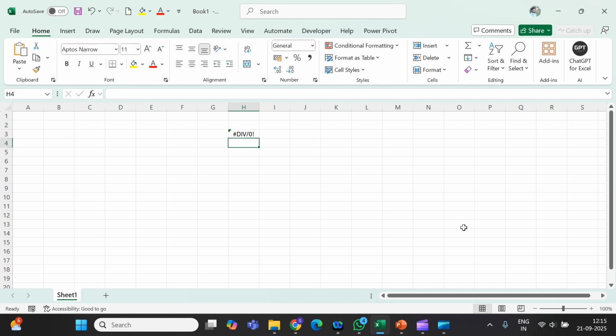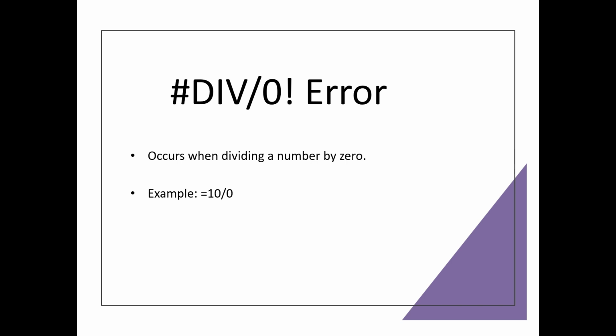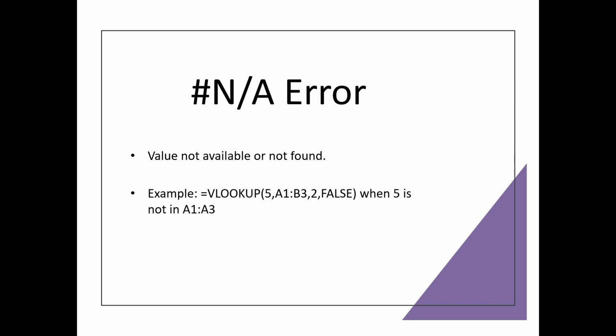It cannot divide by 0. That's an error. So we will face this error when you try to divide a number by 0. Logically that's incorrect, guys. And what is the solution for this? Just do not divide by 0. That's it.